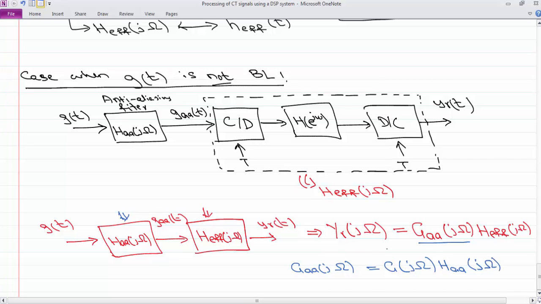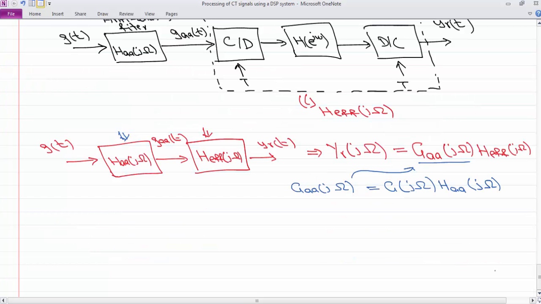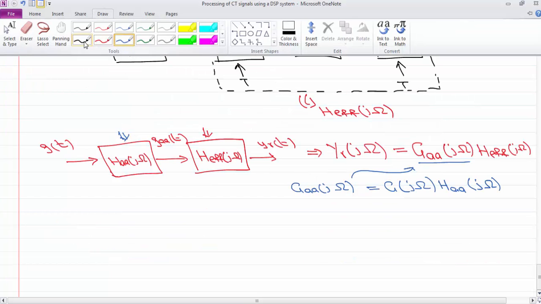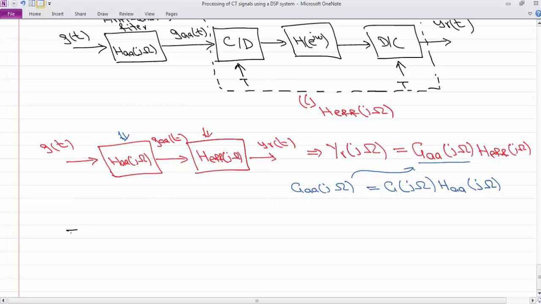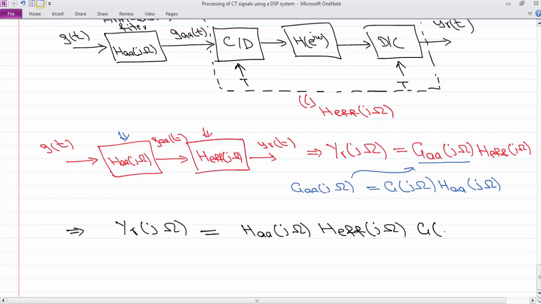So I plug that in this equation and I get that Y_r j omega equals H_AA j omega times H effective j omega times G of j omega.